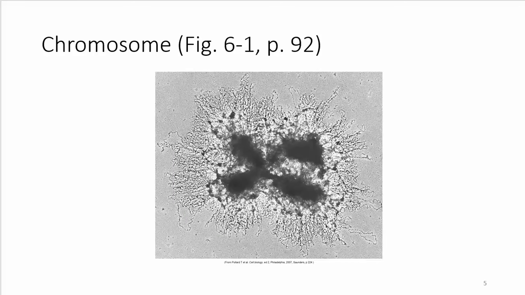The centromere is here in the center. That arm and that arm are identical. This is where it splits during anaphase and telophase to create the daughter cells in mitosis. But I'm not going to review that now.